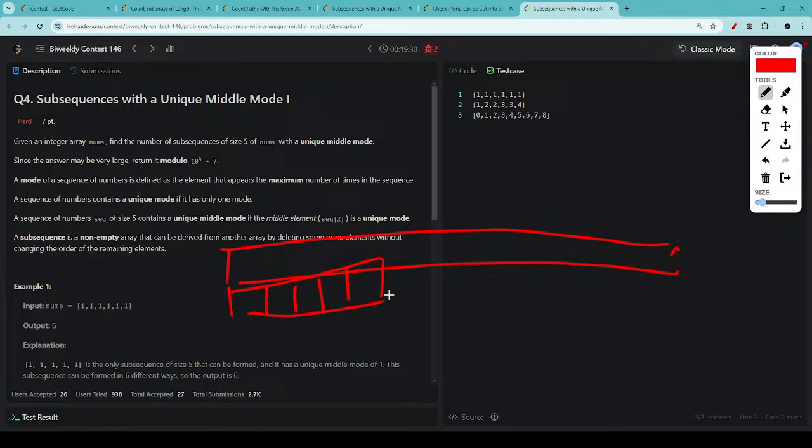So what happens if I add a 6th number? I will have to get rid of one of these. My mode will change, and I have to check whether it is a unique middle mode.